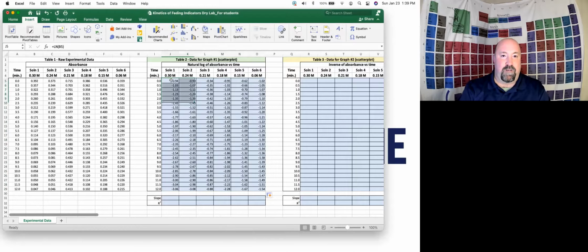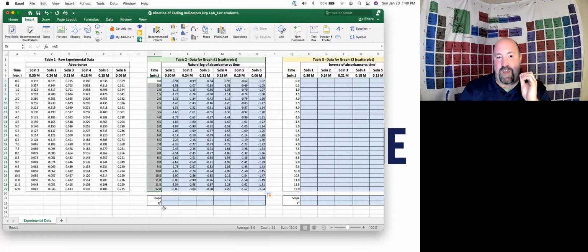We're going to graph this one here versus time, and this one versus time, and so on, so that we can then look at the slopes and the R² values for each of those lines.